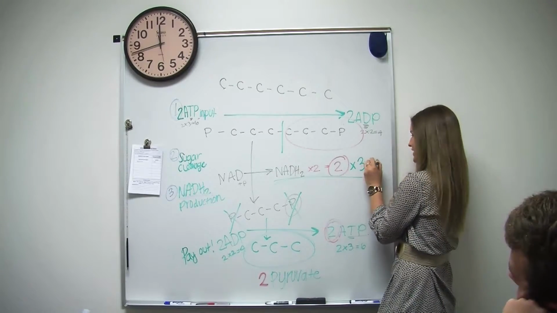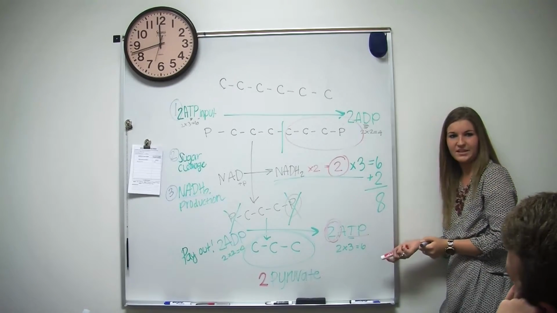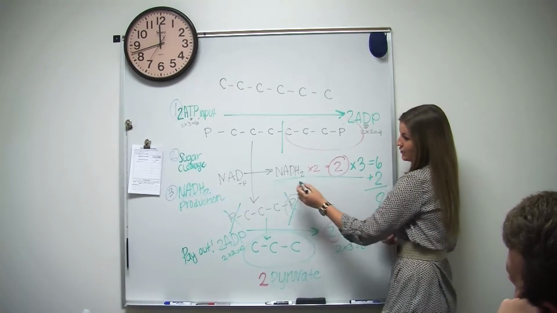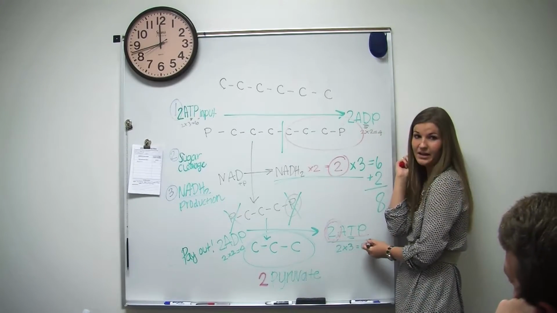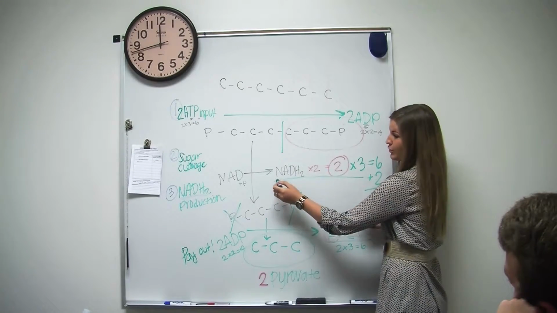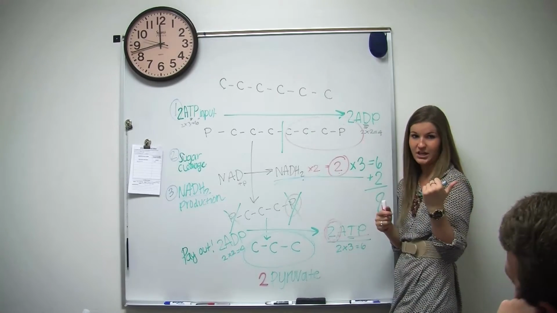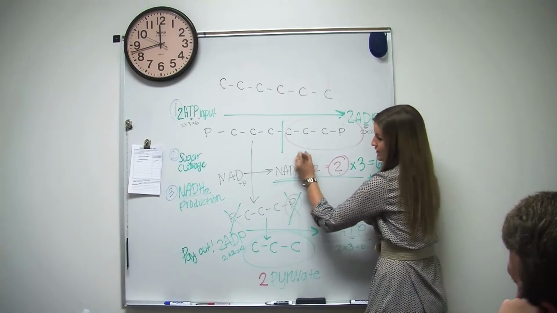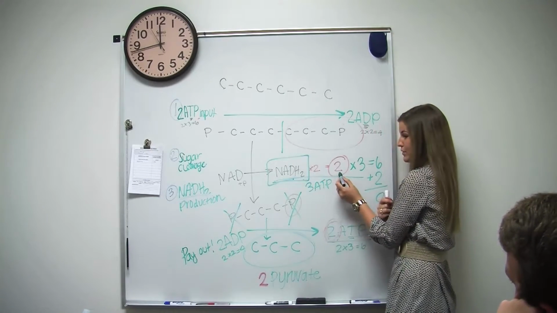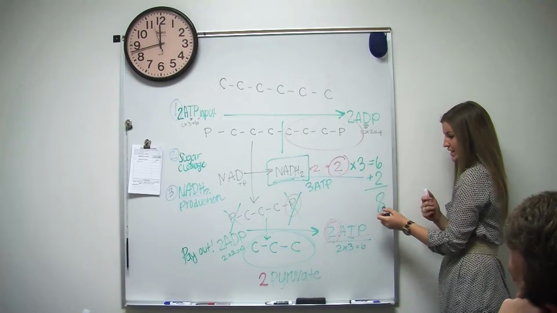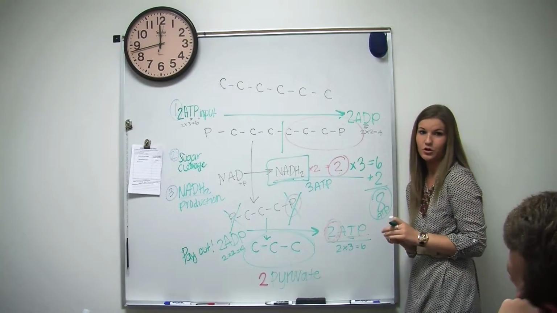So this isn't counted in the glycolysis step, we just get 2 net. But when we bring our 2 NADH2 to the electron transport chain, per one of these, we get 3 ATP. We have 2 of them. So in the end, we'll be able to get a total of 8 ATP because of glycolysis.